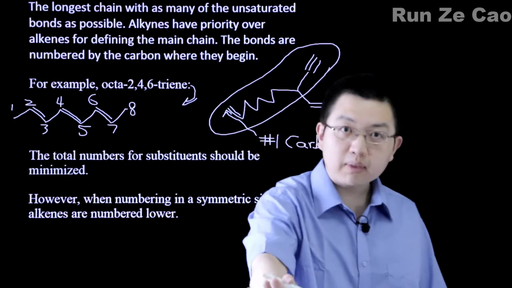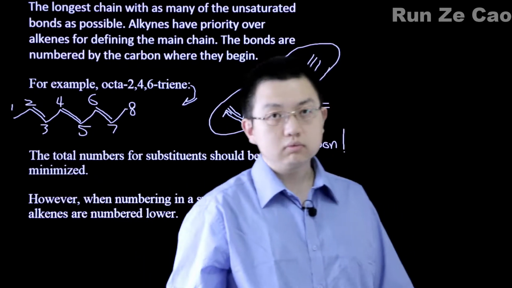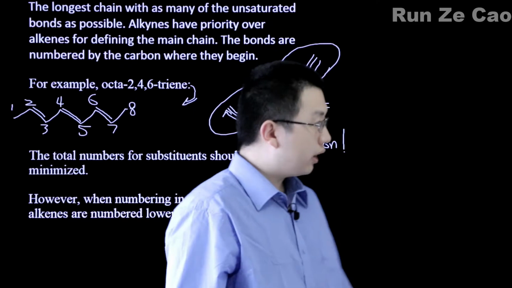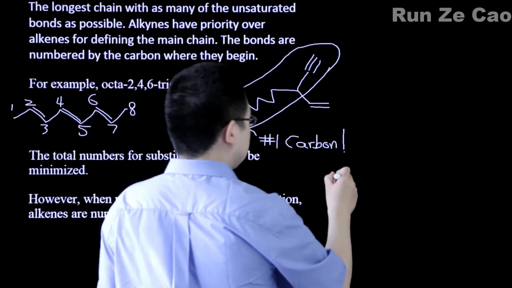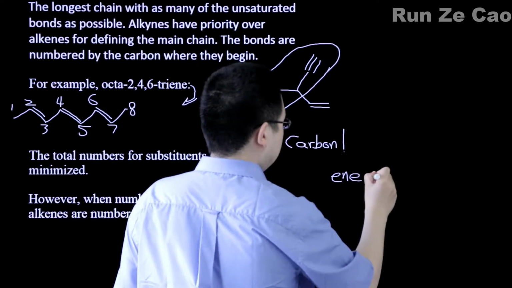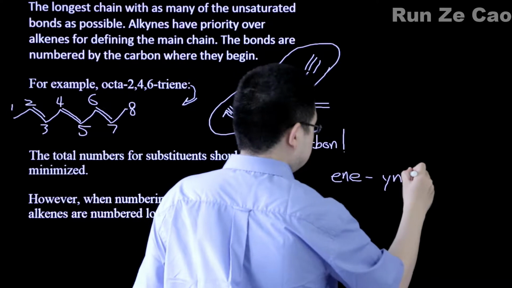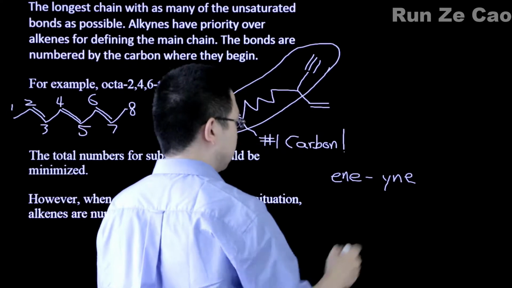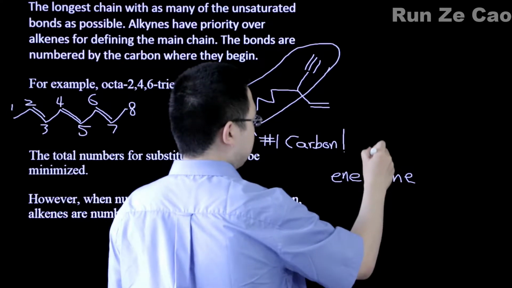Even though when we name things, well, when we're naming it, we call it an ene. So, of course, there's some number here.